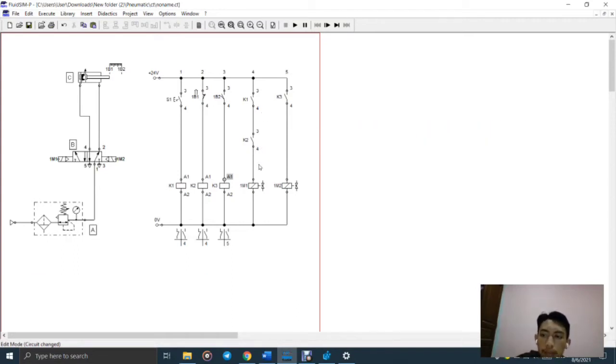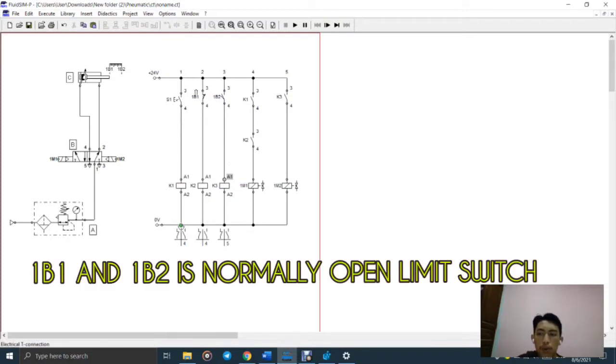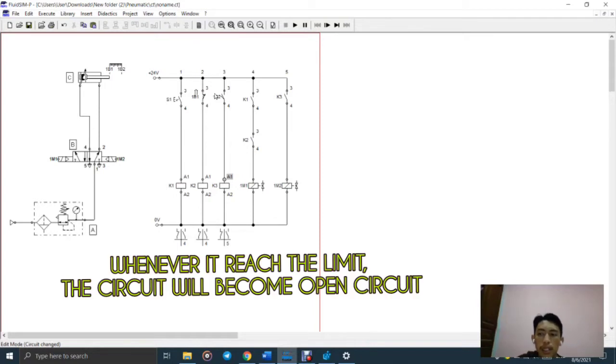Before I run this simulation, let me explain something for the electrical diagram. Basically, as we know, 1B1 and 1B2 are normally open limit switches. Whenever it reaches the limit, the circuit will become closed.